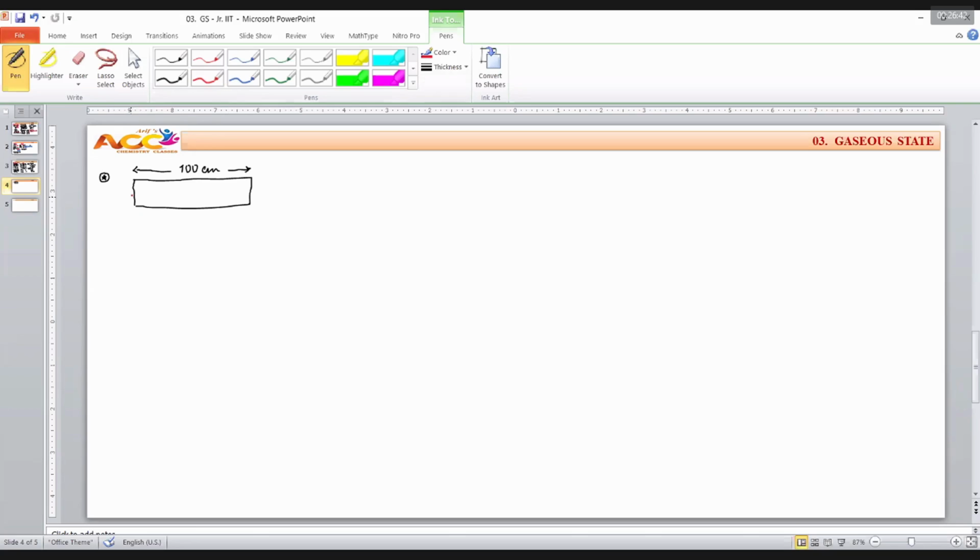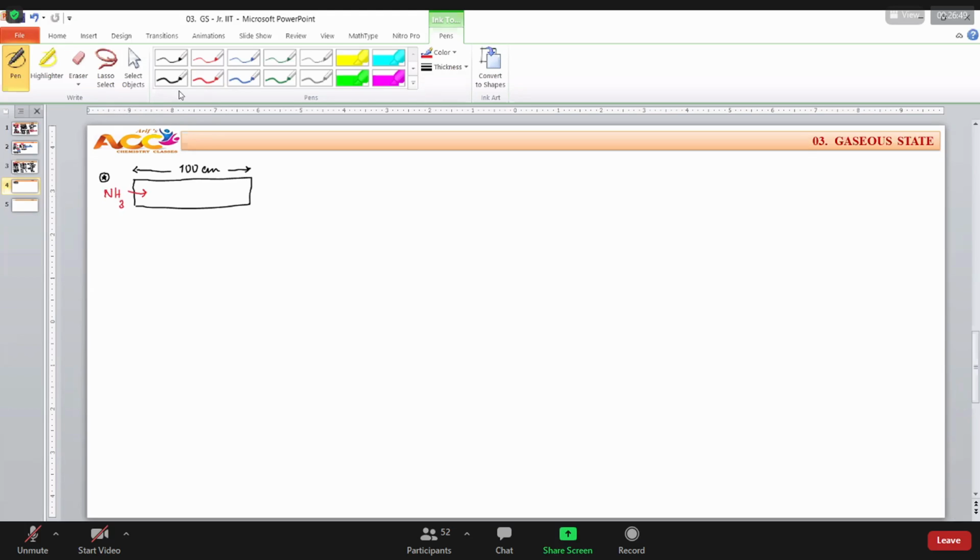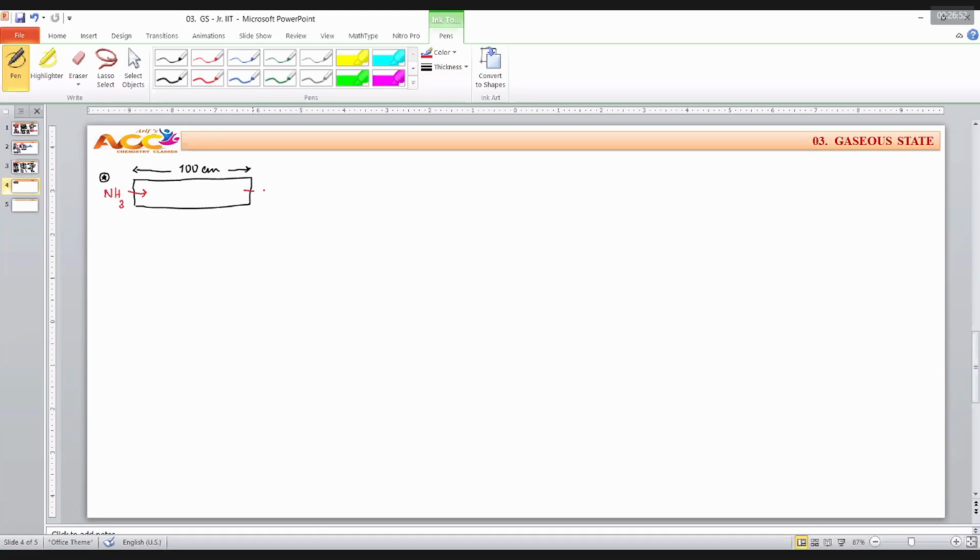From this end, I am allowing ammonia gas to go inside. From this end, I am allowing HCl gas to go.